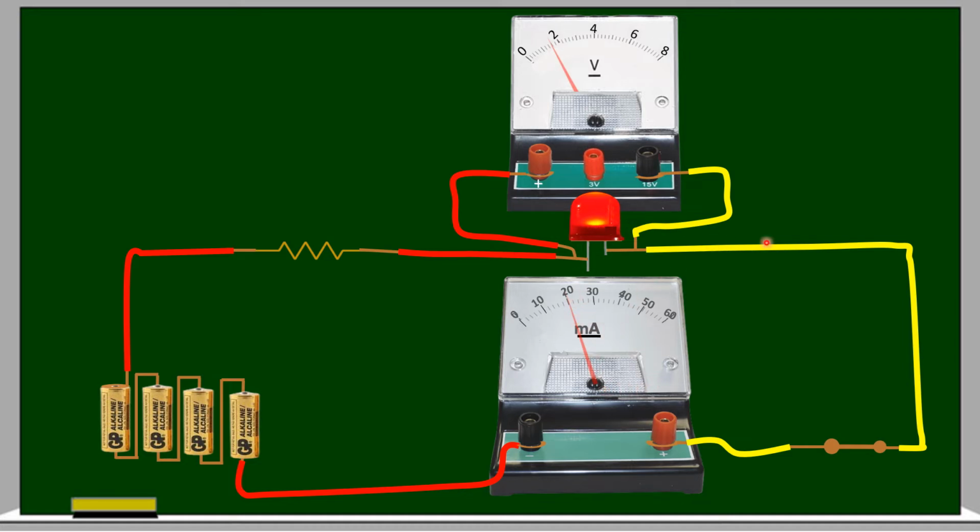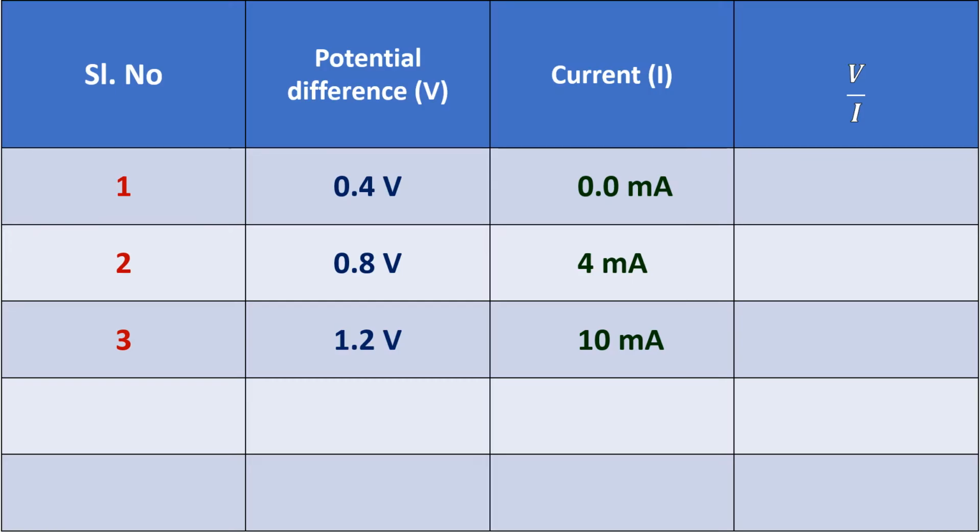It is 20 milliamperes. Let us note down these values. So voltage V equal to 1.6 volts, I equal to 20 milliamperes, that is 0.02 amperes. Let us note down these values in the table. 1.6 volts, 20 milliamperes.